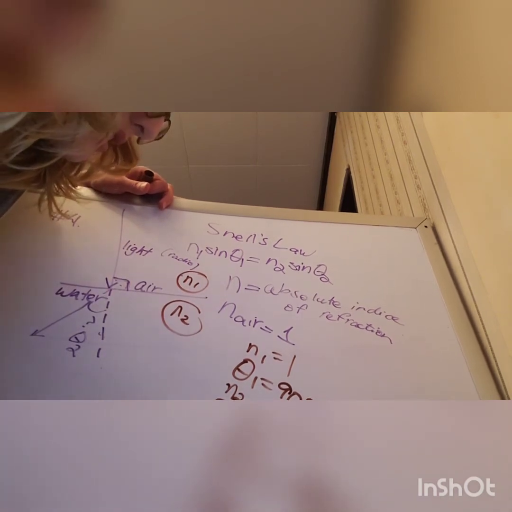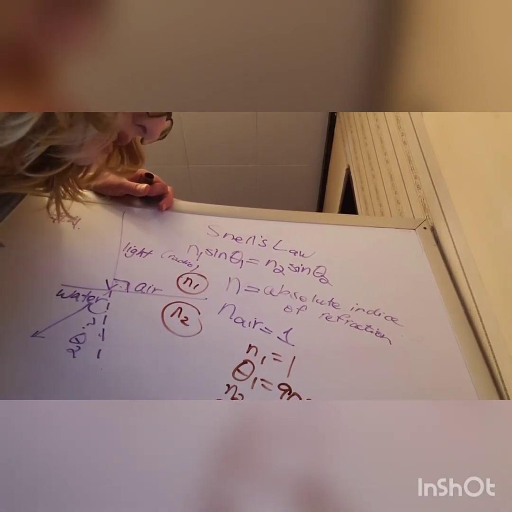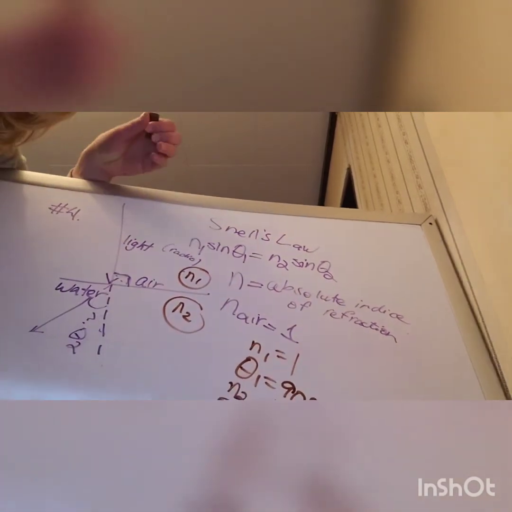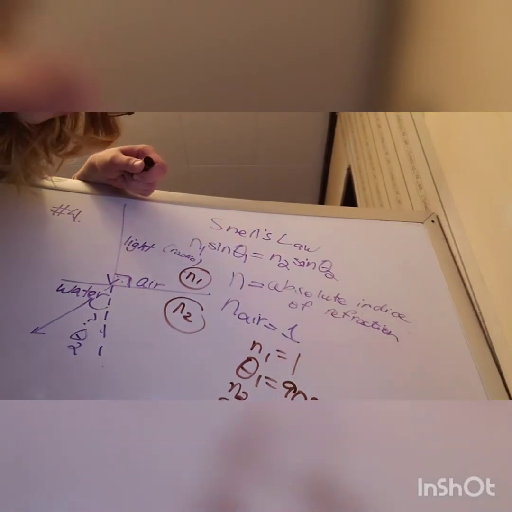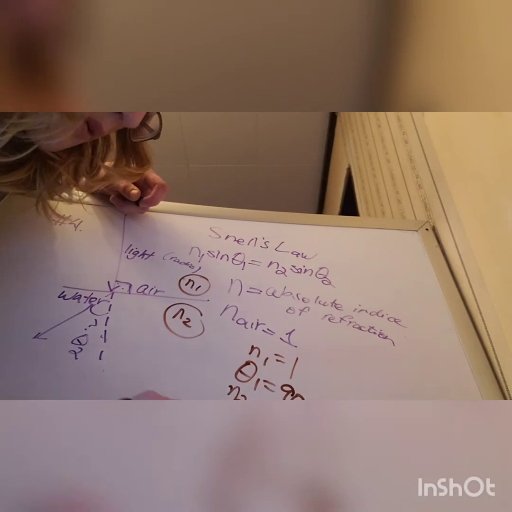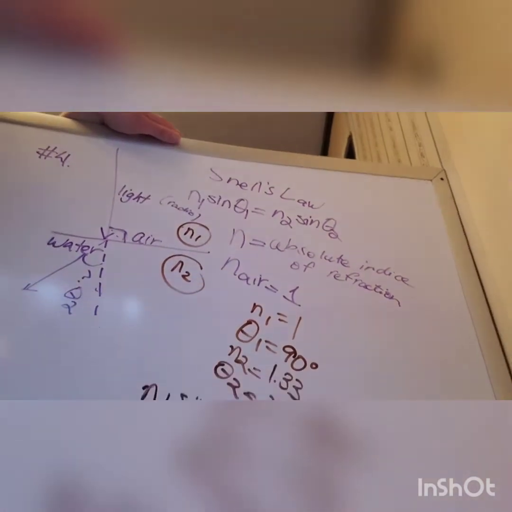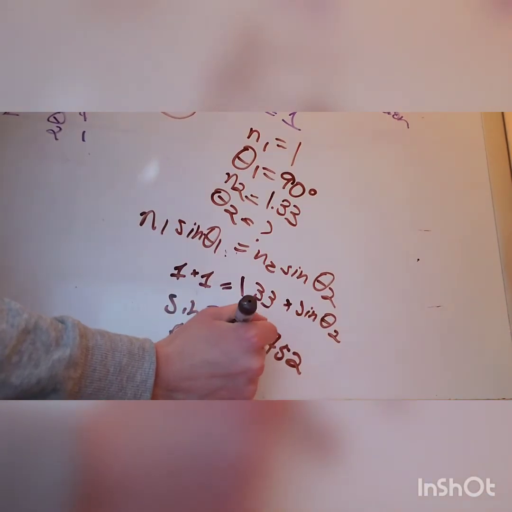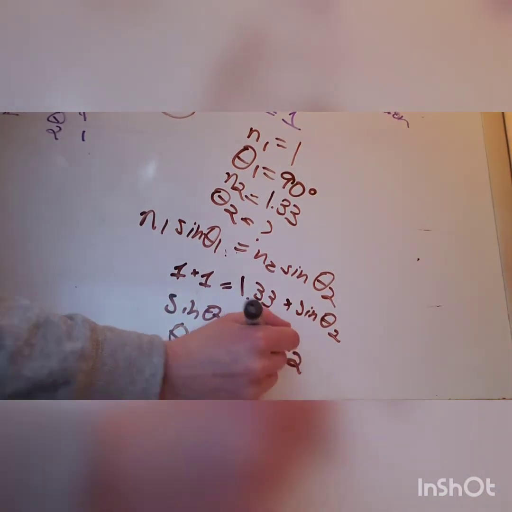So then I should get that the sine of theta 2 is 0.752. And if I put the inverse sine function in my calculator, I'm going to get a theta 2 of 48.8 degrees.